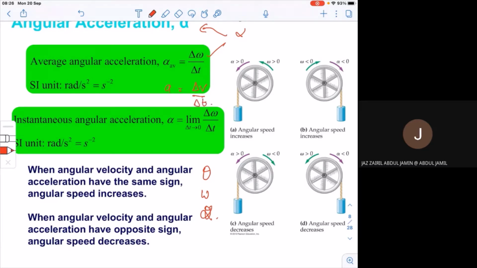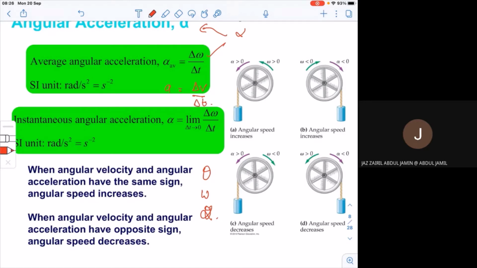If you look carefully, whatever happens in the angular part is quite similar to the linear part. The difference is just the units, of course, and how you use the terms.